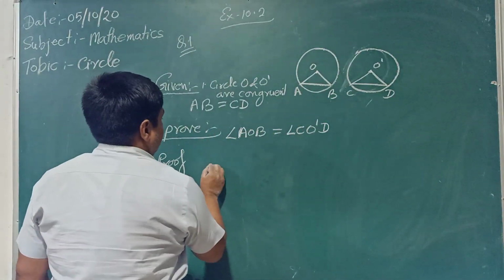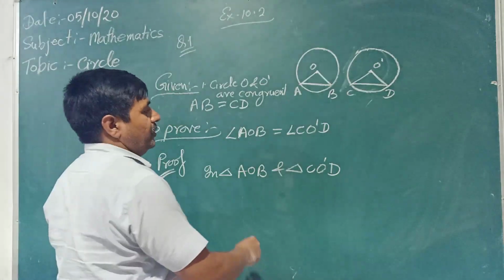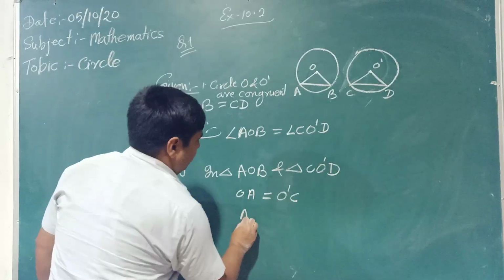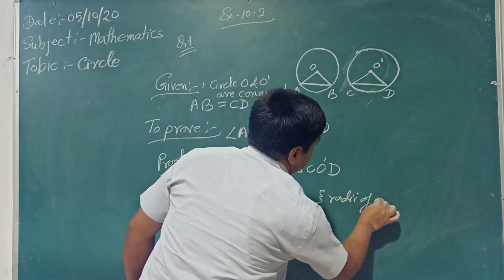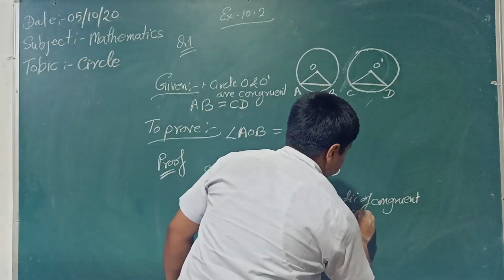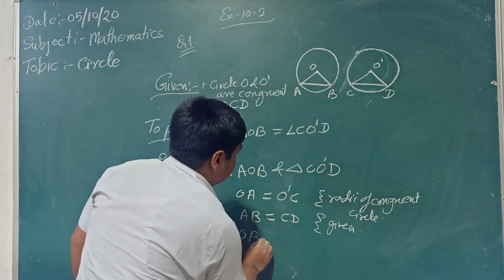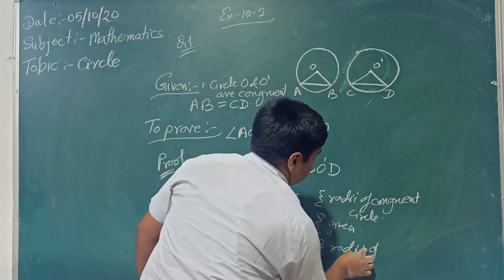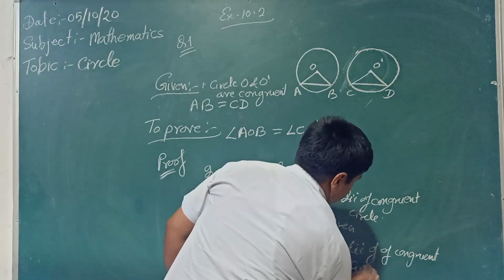So now first in triangle AOB and triangle CO dash D, here OA is equal to O dash C, the radii of congruent circles, and AB is equal to CD, and that is given, and OB is equal to O dash D, the radii of congruent circles.